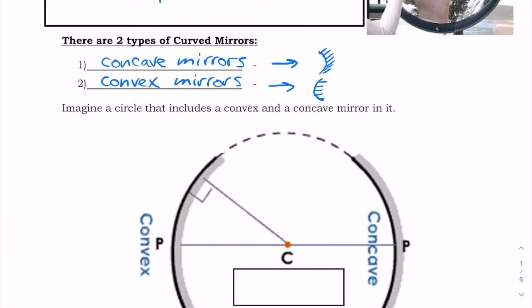So a useful way to think of the difference between the two is that concave mirrors cave in. And convex mirrors, they either bend out or cave out, either way. Here we'll say bend out.